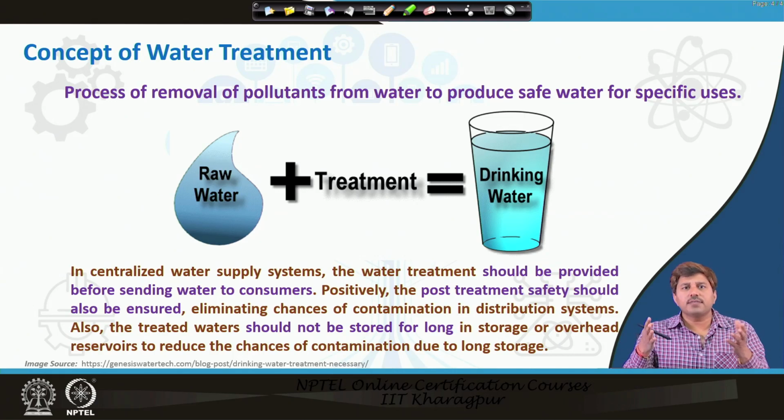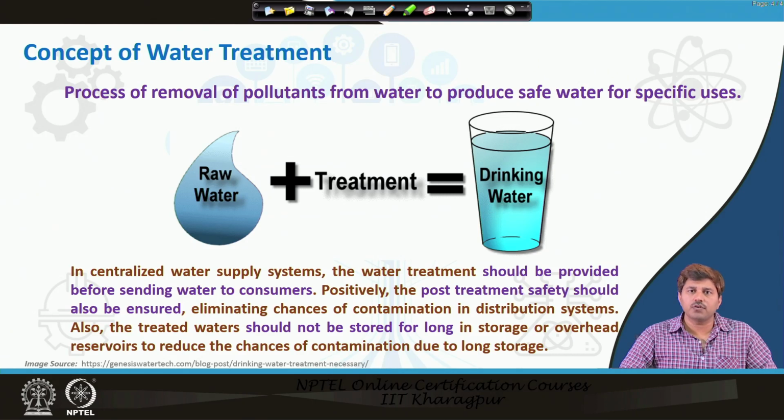In centralized systems, typically this water treatment is provided before sending water to the end consumers. Though many of us have point-of-use water treatment systems, so right before we use water we have our own RO system or filtration systems to get a better quality of water for the purpose of drinking and other consumption.